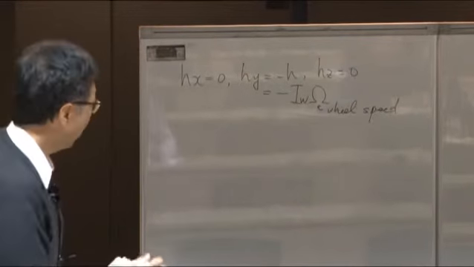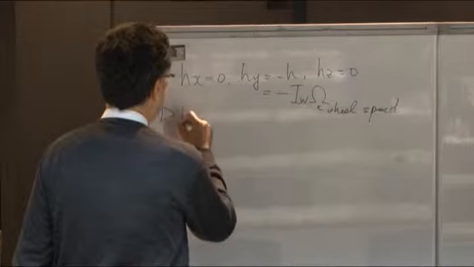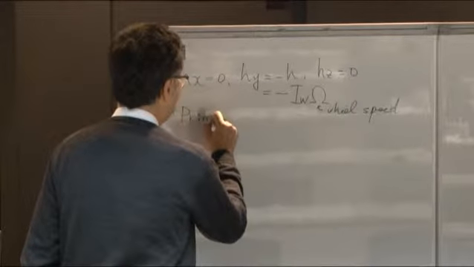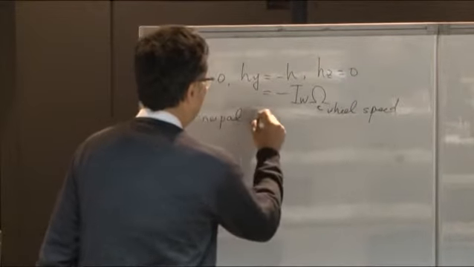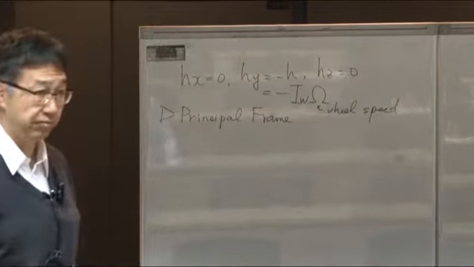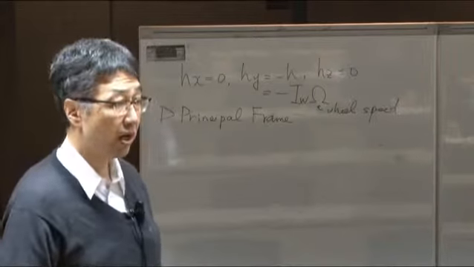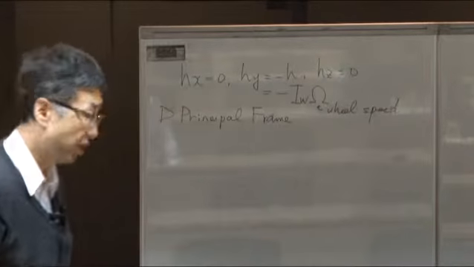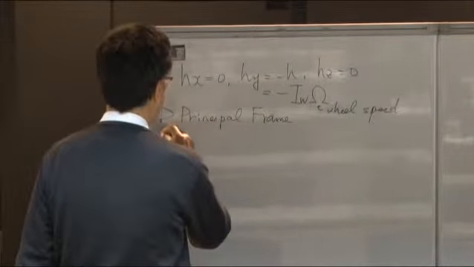So now we have several assumptions. We are using the principal frame. The body frame is a principal frame, that is, I_XY, I_YZ and so on are 0. That is the principal frame assumption.